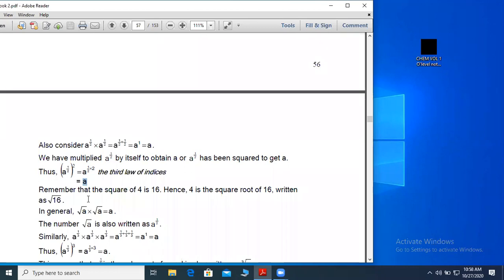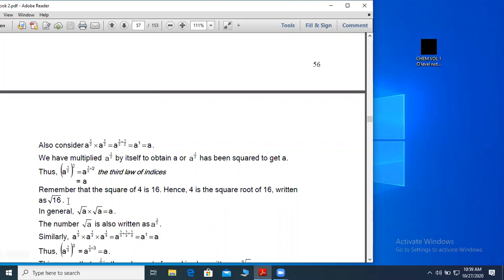So we remember that the square of 4 is 16. When we square 4, we get 16, i.e., I'm saying 4 times 4, the answer is 16. Hence, 4 is the square root of 16, written as root 16.